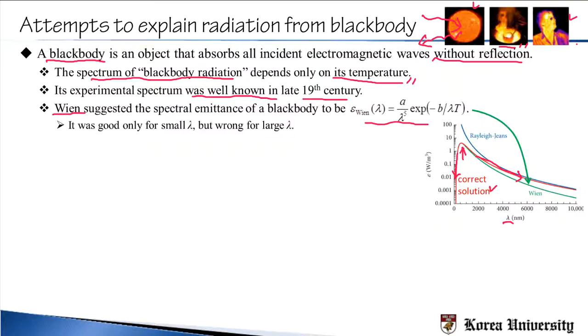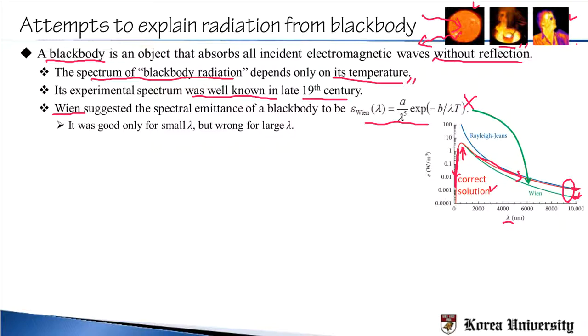This curve looked like the green line here. As you can see, his solution was pretty good at small wavelengths. But if you go to higher wavelengths, you can see there is a large difference between the correct solution and the solution Wien obtained. So essentially, he was wrong. Do not memorize this. He was just wrong.